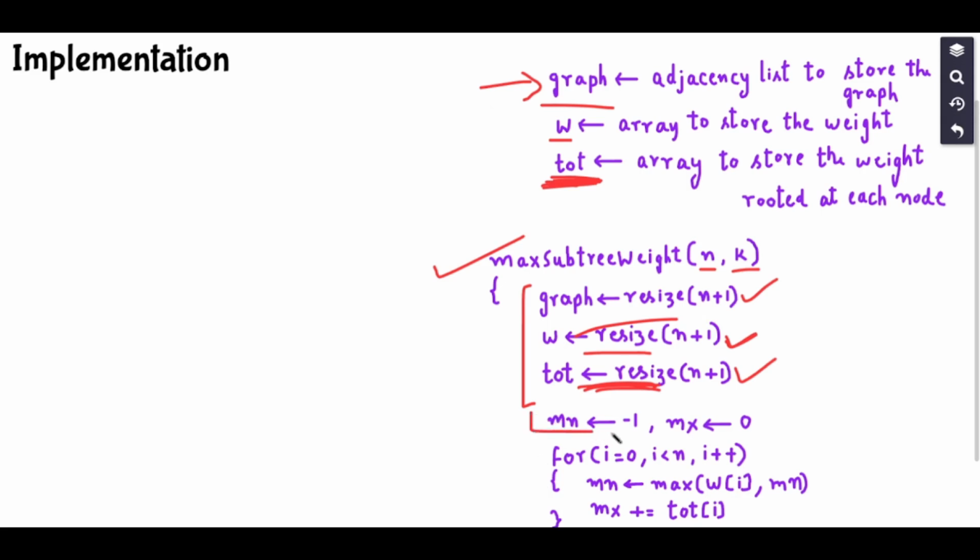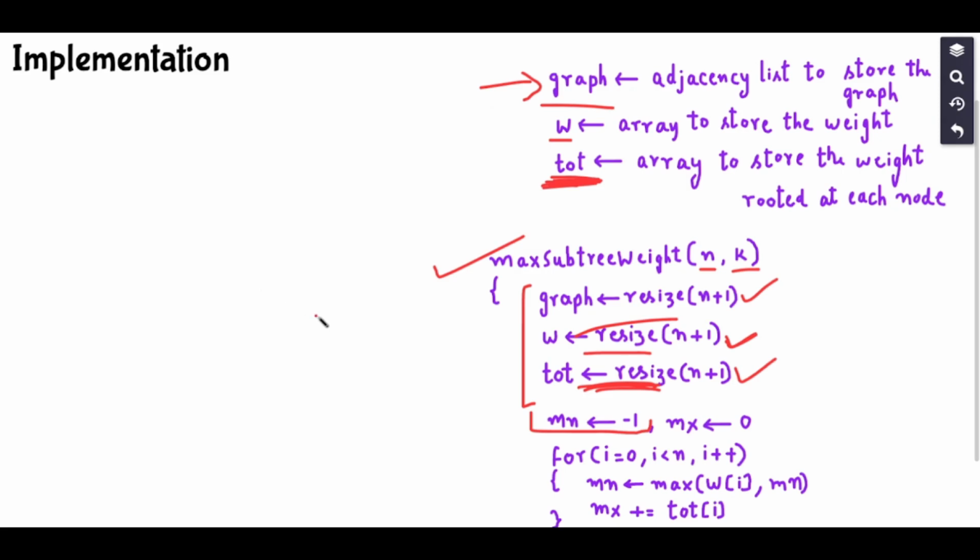Now take two variables, mn, which will represent the minimum value subtree we can achieve, and mx, which is the maximum value subtree which I can achieve. Obviously this minimum will store the maximum value of the weights, because in the worst case we can partition the given tree into subtrees containing one node each.